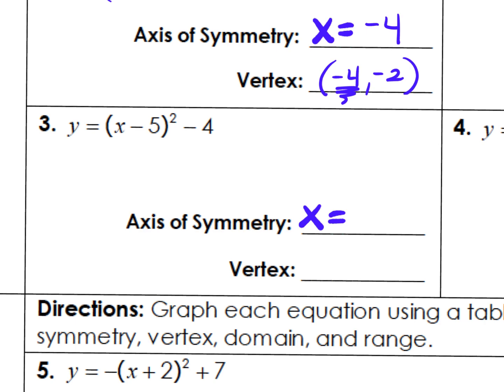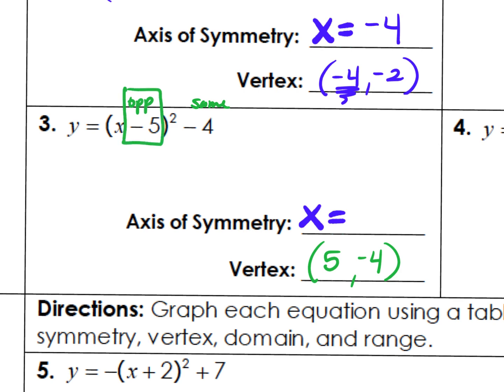Okay, this one. Here's your standard form. Your vertex, remember, is opposite and the same. What's your vertex? Positive 5, negative 4. Opposite of what it looks like here.